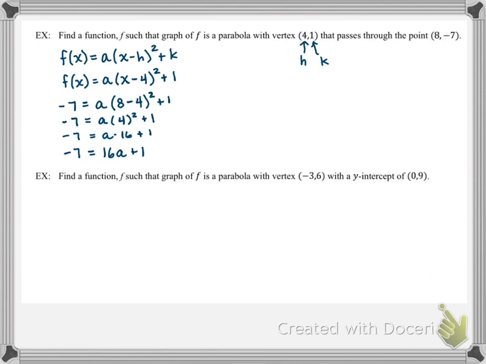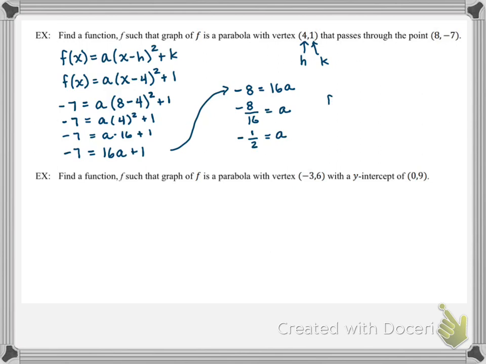Those aren't like terms. And so that's going to give us -8 equals 16a. And then we'll divide by 16 on both sides and simplify. So a is going to be -1/2.